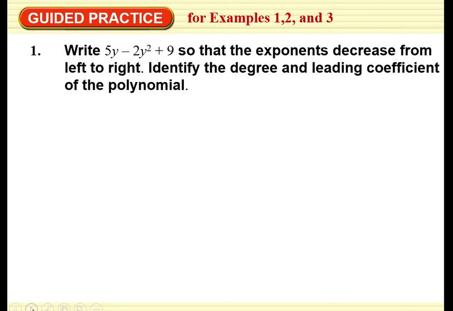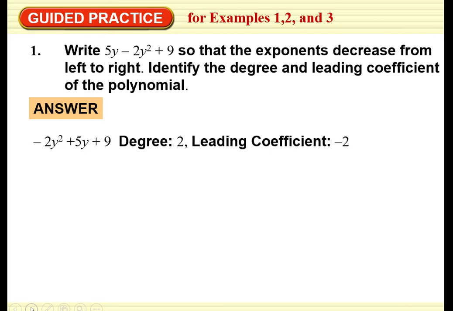If I were to rewrite it, I would have negative 2y squared plus 5y plus 9. The degree is the highest sum of exponents in each term, so that would be y squared, so the degree is 2, and the leading coefficient of that term is negative 2.